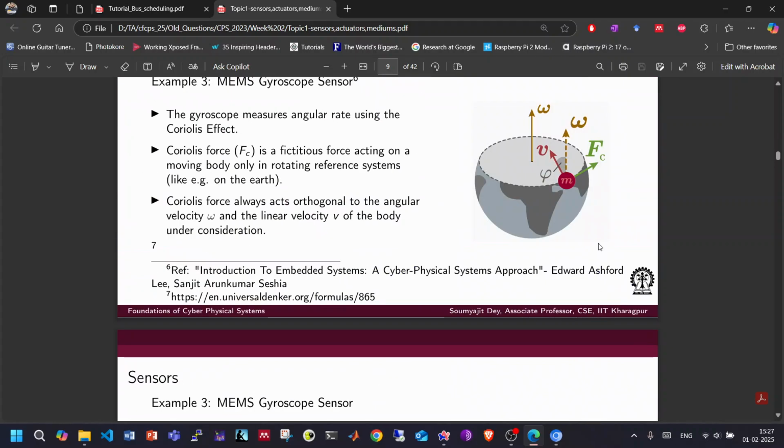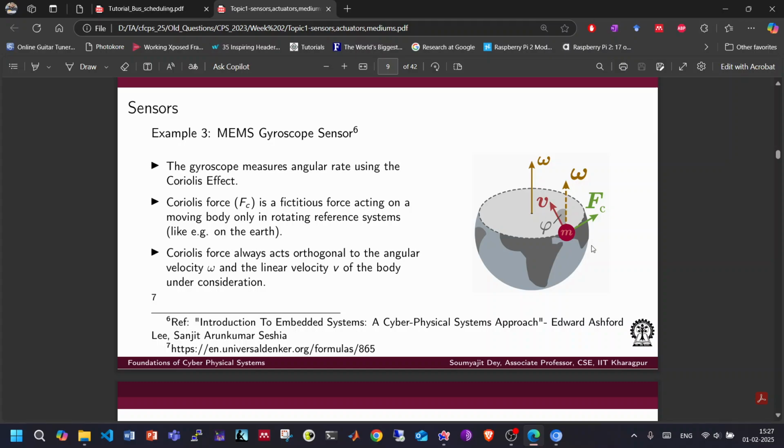From that you can understand corresponding to which axis you are facing this force, if you can measure it well. Since we have a suspended proof mass, we can measure how much force it is facing, and based on that understand how much Coriolis force is applied in which direction, and along which axis there is an angular velocity.